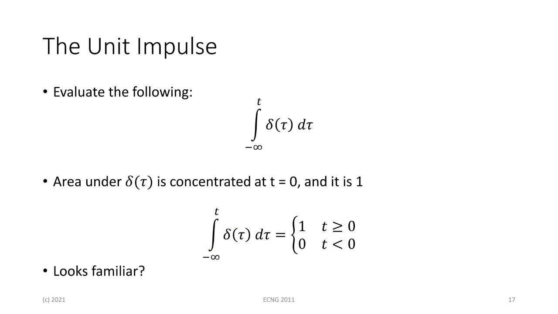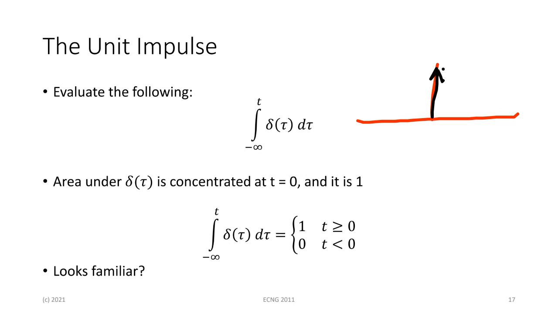And what do you do if you integrate the impulse? Well, if you integrate the impulse between minus infinity and some point in time, remember what the impulse is. That's why we put a little arrow to show that it's infinitely tall.